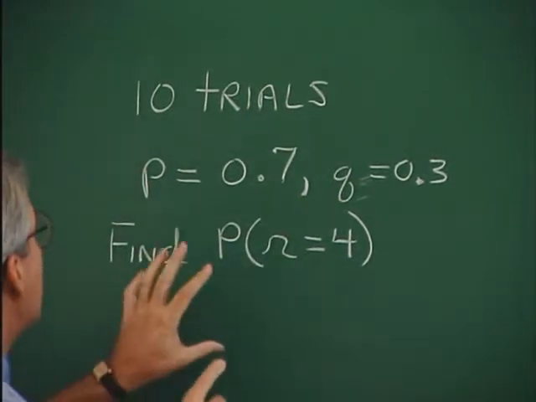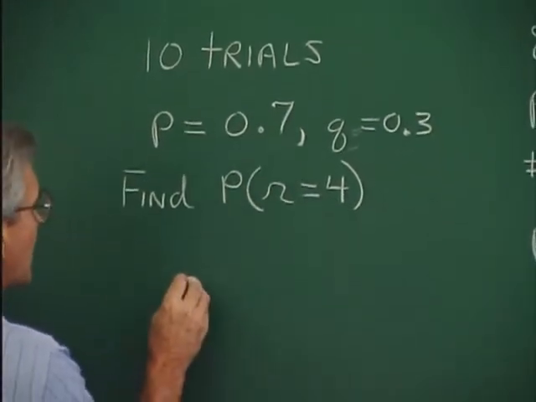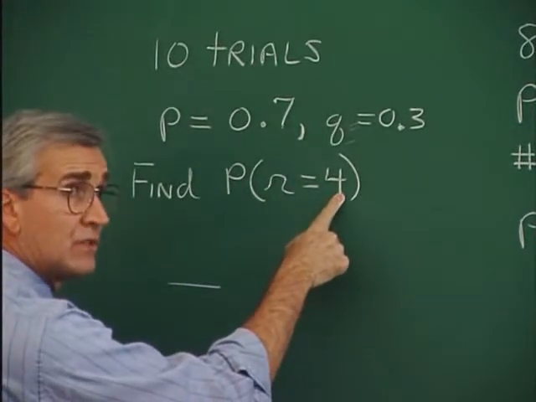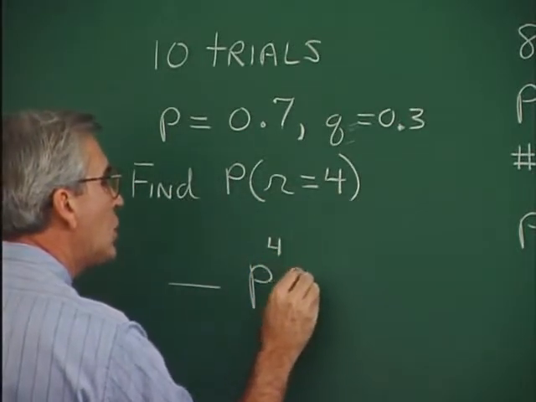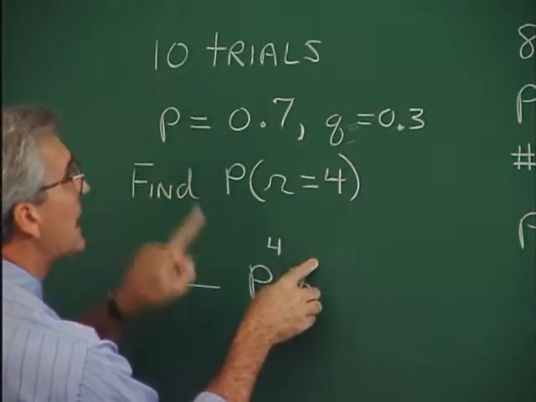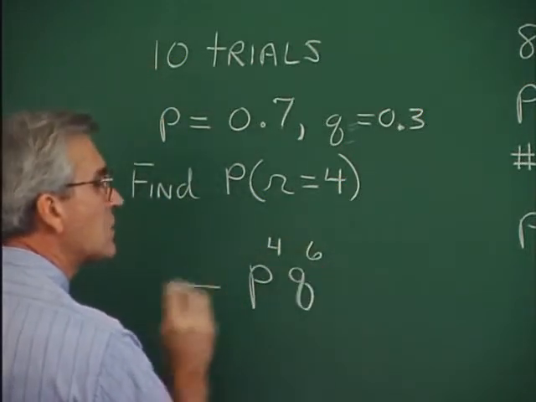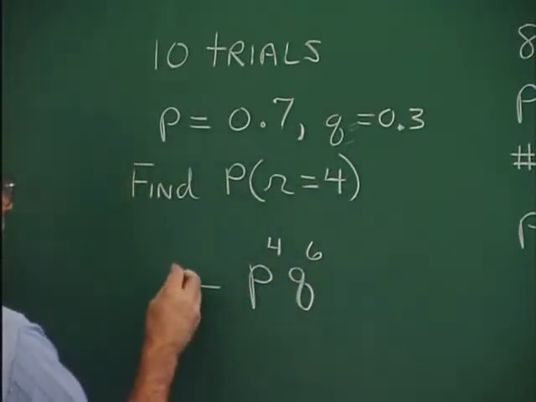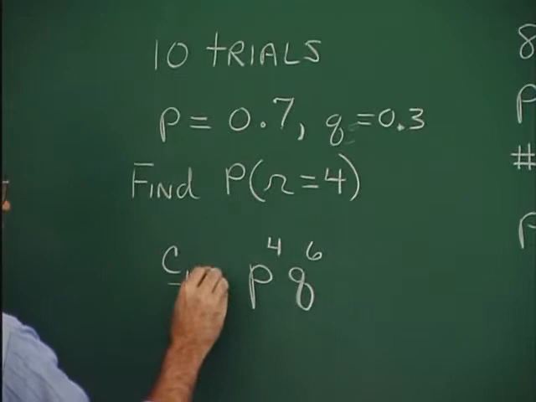Now we would like to find this probability. We have a coefficient, and R is the number of successes. With 4 successes, it's going to be P to the 4th power times Q to an exponent that, with 4, needs to add up to n. We have 10 trials, so n is 10. So 4 plus 6. Good, we have a 4 and a 6 as the exponents on P and Q. That's part of the battle. Another part is this coefficient, a combination of 10 things taken 4 at a time.